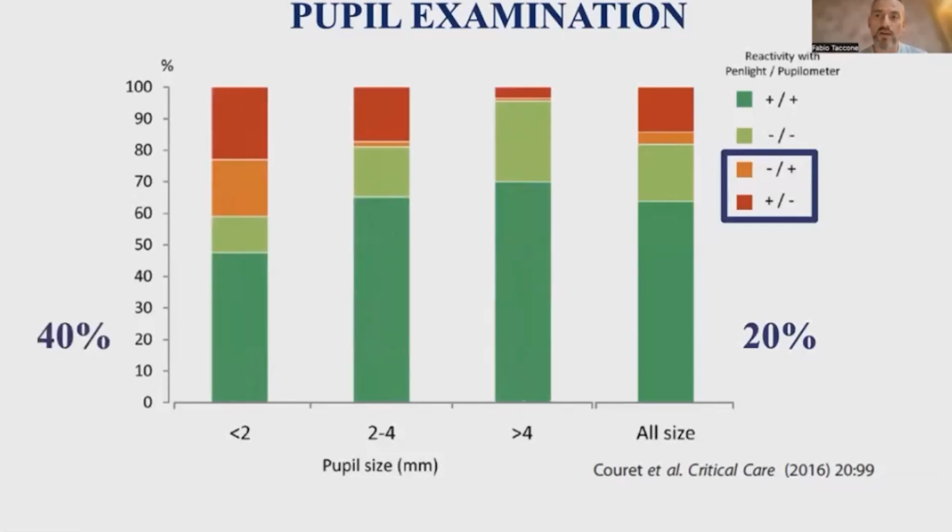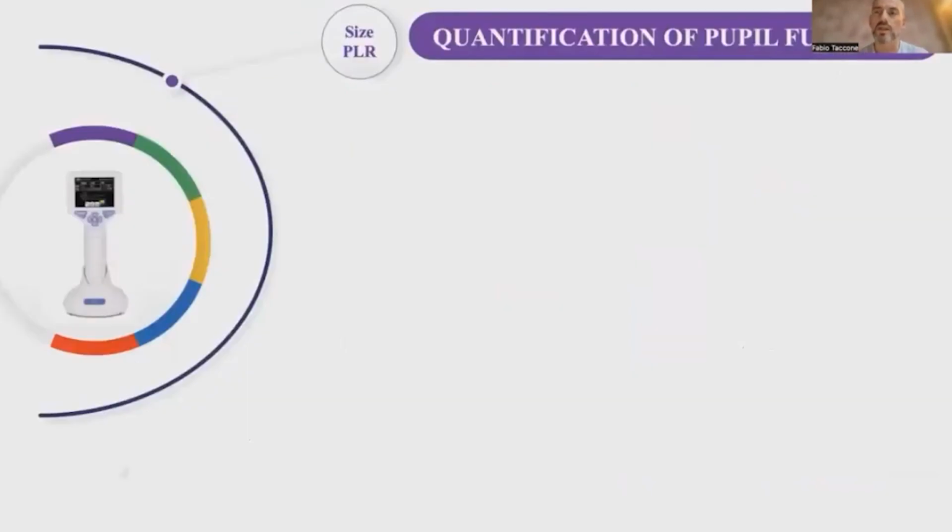And this proportion of error increases in particular for small pupils, where it's quite complicated to adequately assess size, the presence of asymmetry, and the response to light reflex. And this data has been confirmed by other groups.